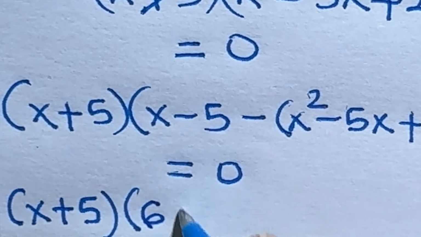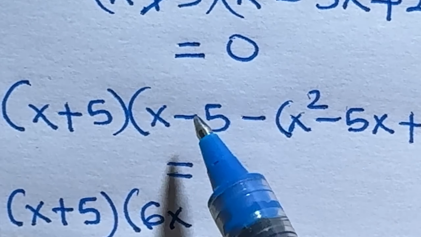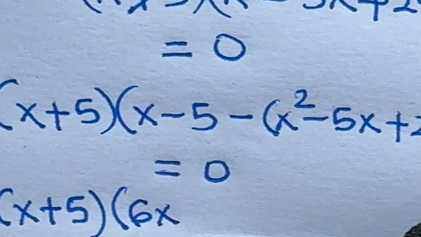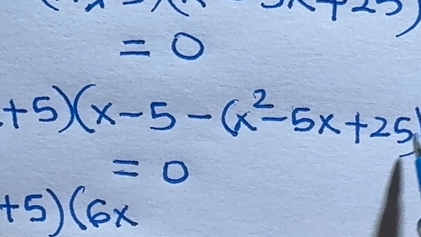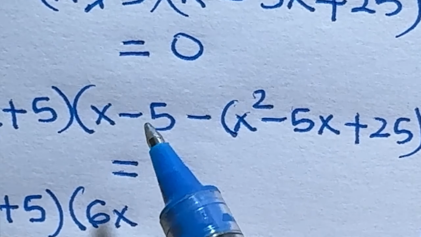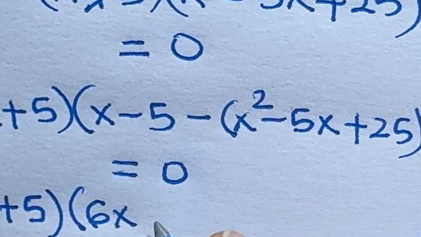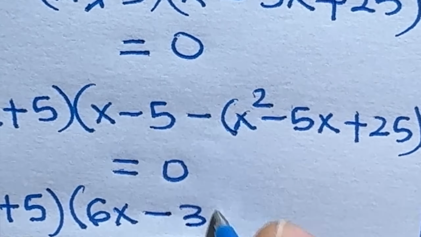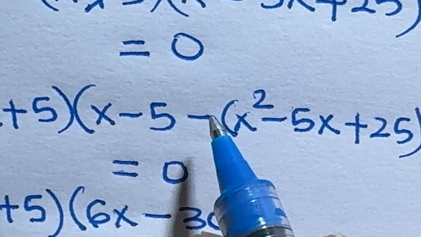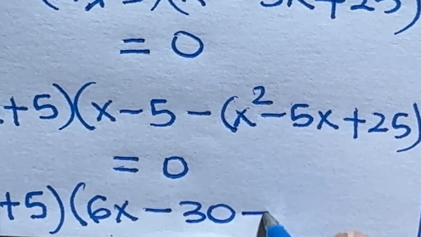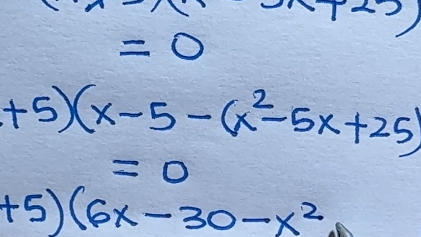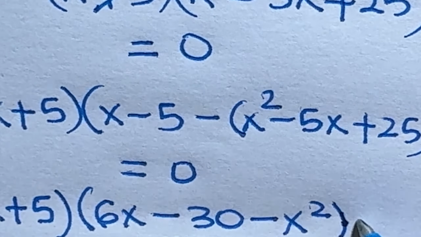So I have 6x. Then minus 5 minus positive 25 as minus 5 minus 25, that's minus 30, and then finally minus x squared is equal to 0.